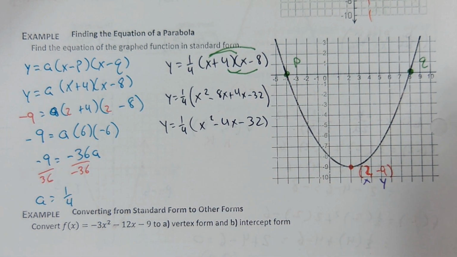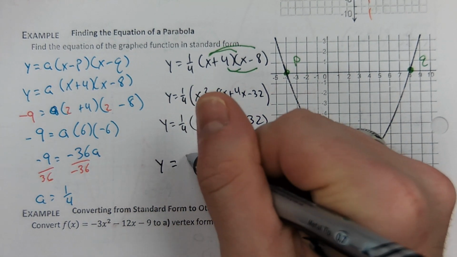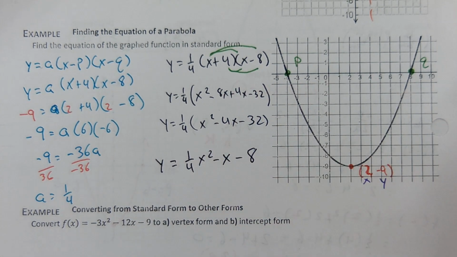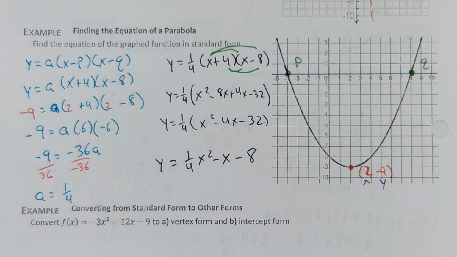You're finished when you distribute your 1/4. 1/4 x squared minus x minus 8. That is standard form. Would you like to ask me anything about that question, though?